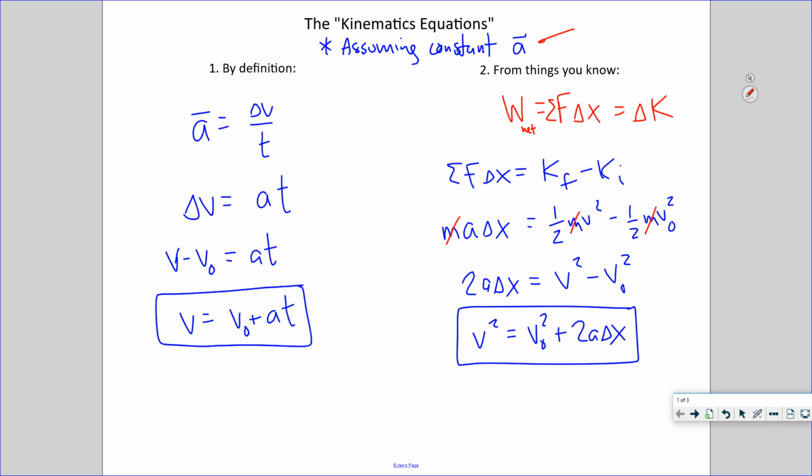Same thing here. This velocity is a vector. So is this. So is this. The squared part is going to kind of get rid of the vector nature of the velocity here and here. But this certainly is important if objects are moving and accelerating in the same direction or opposite directions. So again, we'll get practice with those, but that's the development of what are called the kinematics equations.